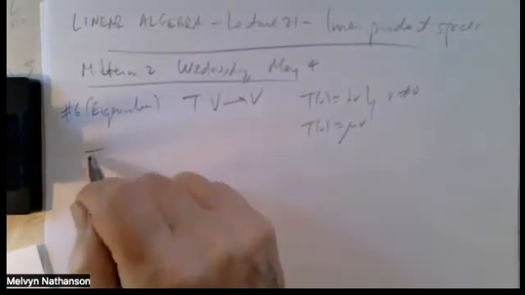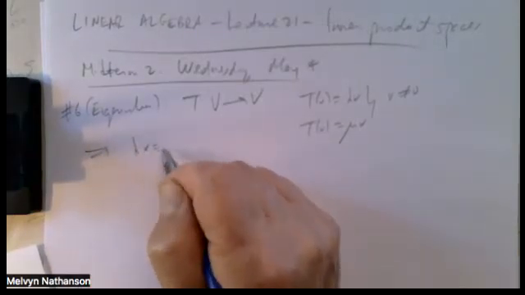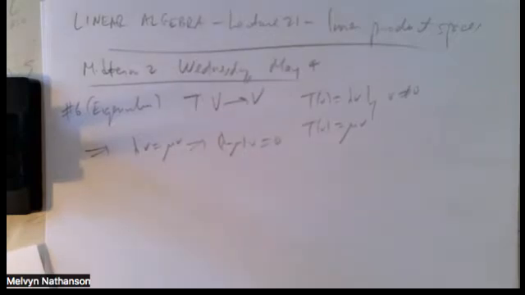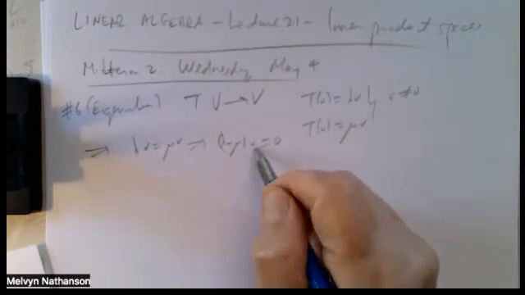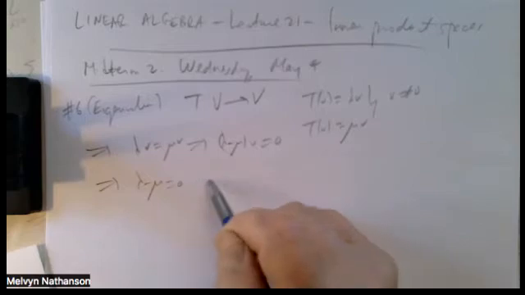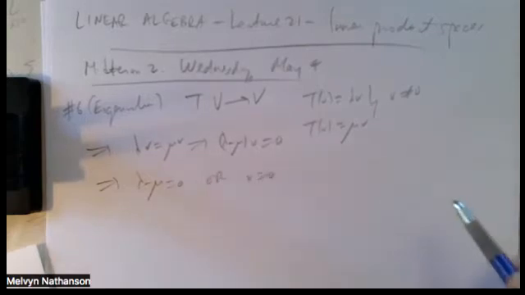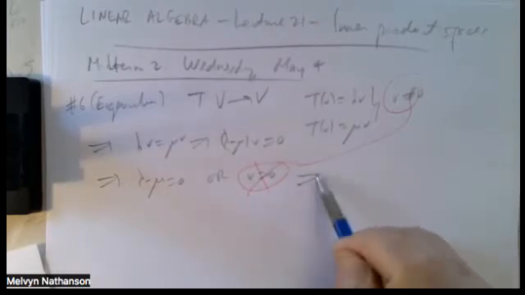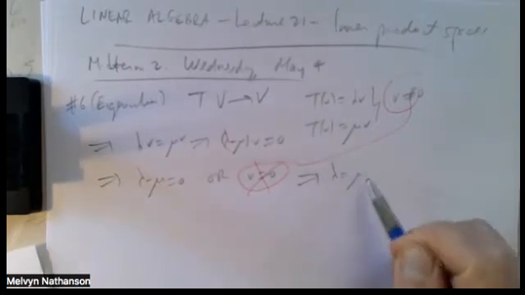So that means lambda V equals mu times V, because they're both equal to T of V, which gives lambda minus mu times V is 0. So if a scalar times a vector is 0, either the scalar is 0 or the vector is 0. But the vector is not 0.